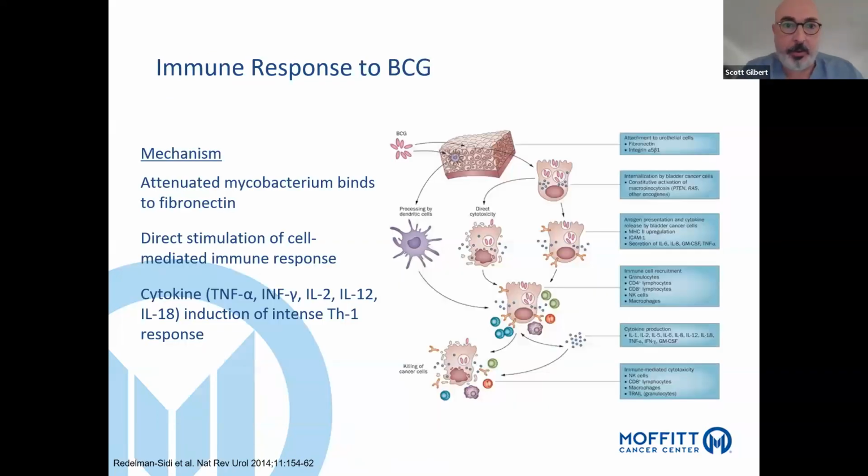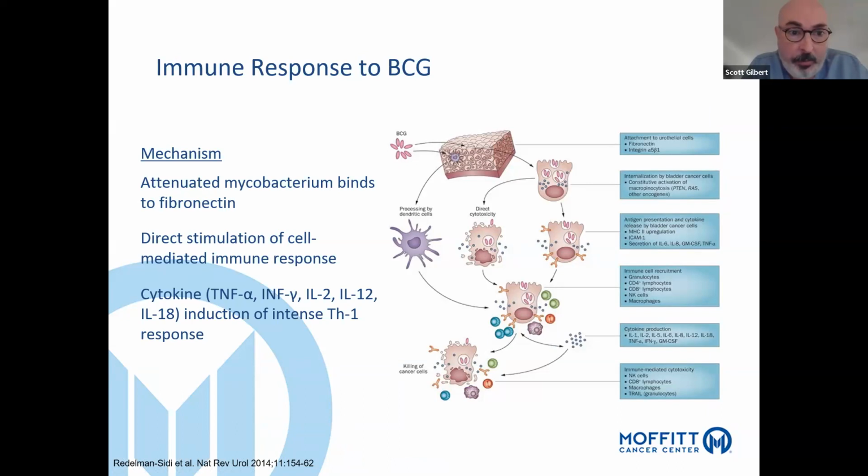And so, as we all know, BCG is the mainstay for these high-risk patients and some low-risk patients. The way it works is BCG is an attenuated mycobacterium used across the world as a tuberculosis vaccine, but also for the management of non-muscle invasive bladder cancer.